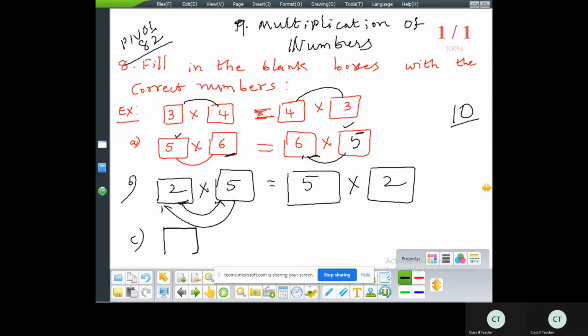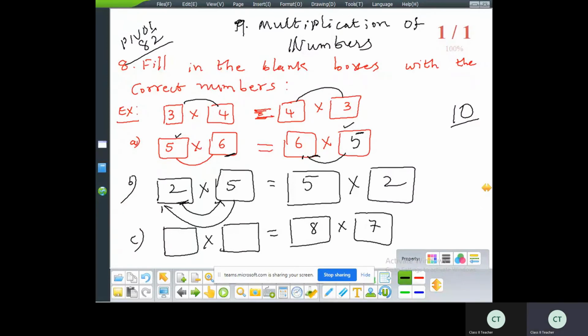Box into box. Product of two boxes is 8 into 7. From the left side, we have two empty boxes. Right side, we have two boxes filled by numbers, that is 8 and 7.